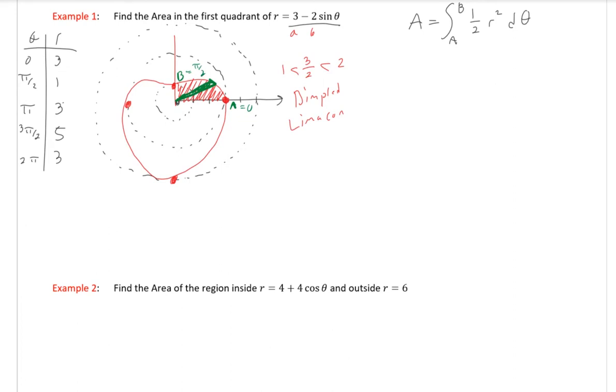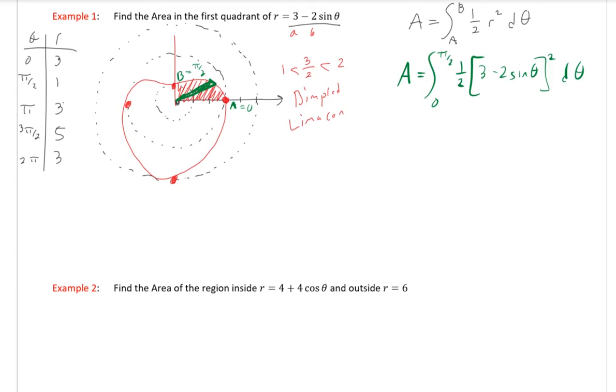So then we can use this area formula and say area is equal to, from 0 to pi halves, of 1/2 times our function 3 minus 2 sine theta quantity squared d theta. Alright, so that's the only piece that I'm looking for.